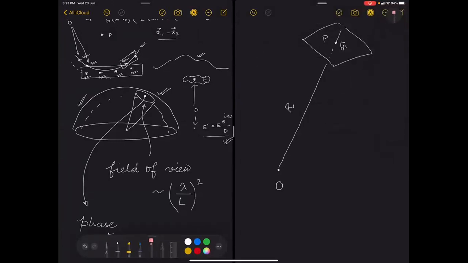So this vector which goes from O to P, I can write as R n0 cap. And this is the part of the sky I am sensitive to. The source can be anywhere in the part of the sky. So maybe the source is somewhere there. And the vector that goes there will have this same magnitude, because as I said, everything lies on the surface of the sphere, but a different direction.